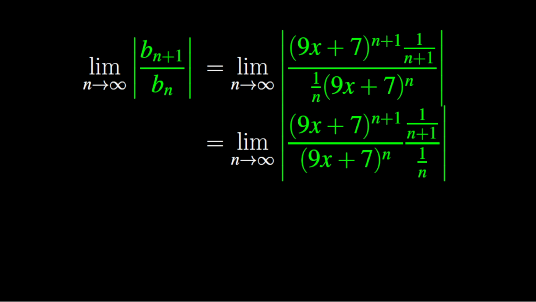The limit of the ratio can be reorganized as the limit as n goes to infinity of the absolute value of the fraction (9x + 7) to the power n plus 1 over (9x + 7) to the power n times the fraction 1 over n plus 1 over n.